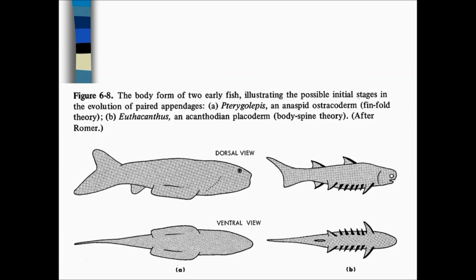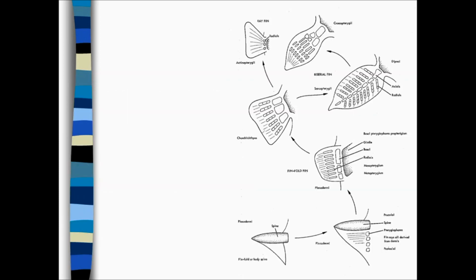So there are two basic ideas for where limbs come from. One idea is this fin-fold theory, and another one is this sort of ray theory. And that's illustrated here in this particular diagram.